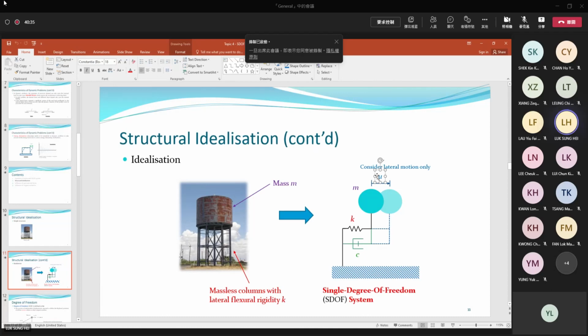And then for this single degree of freedom system, all the structural properties can be described using 3 parameters: M, mass; K, the total lateral stiffness provided by columns; and finally C, the damping coefficient, which is used to describe the energy loss mechanisms, the total energy loss. So we use 3 simple parameters: total mass, total stiffness, total damping, to describe one simple dynamic system, SDF.